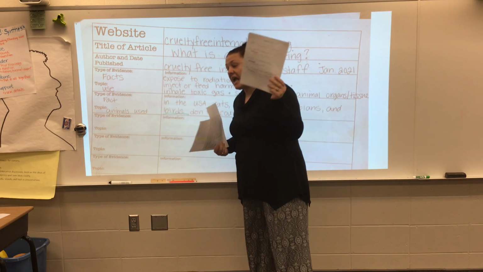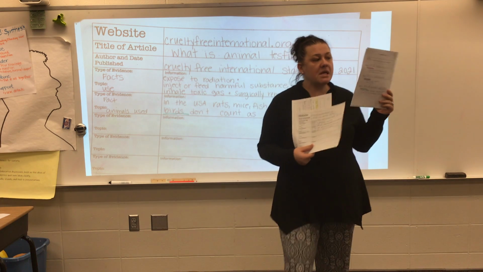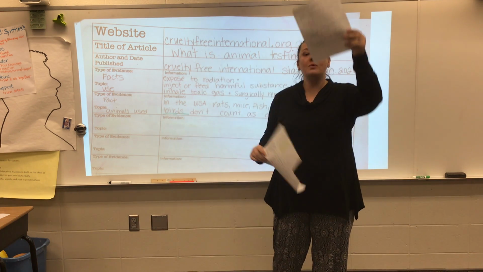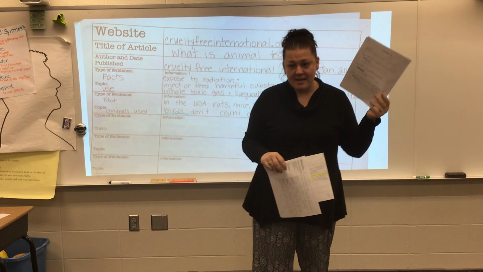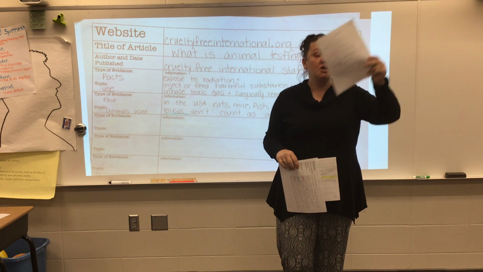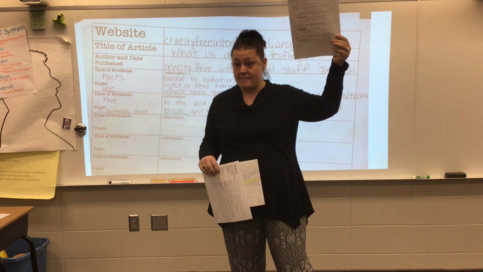You all have a copy of my outline in front of you. I'm going to explain how you go from research to outline. Then, in the next class period, I'll explain how you go from outline to writing your actual essay.